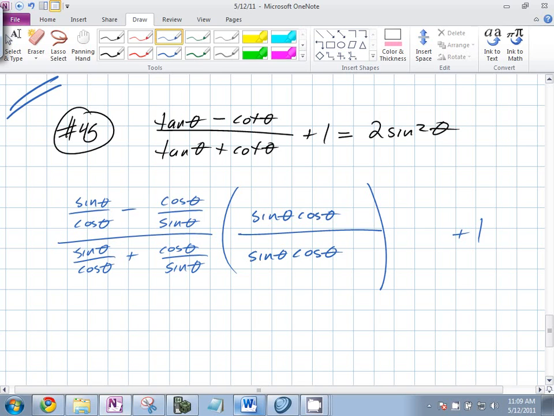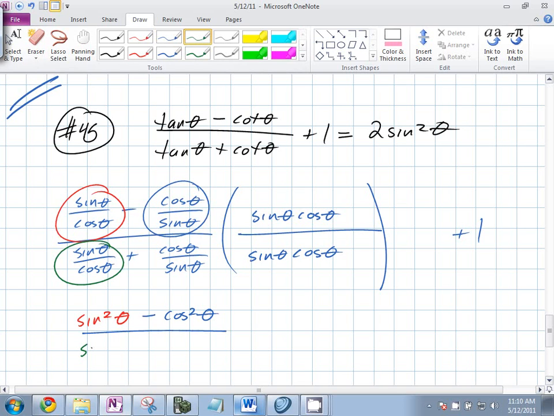What does this term become? That becomes sine squared theta. What's the next one become? Minus cosine squared theta over, what does this one become? And what's that one become? Plus what? And we have a plus 1 right here.